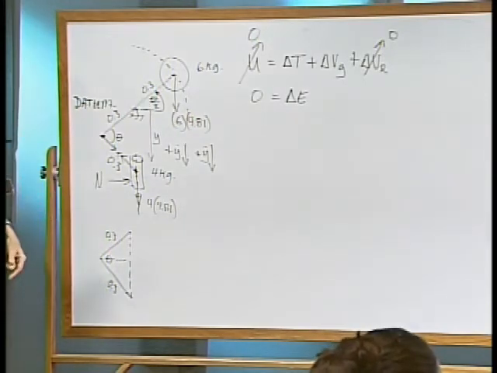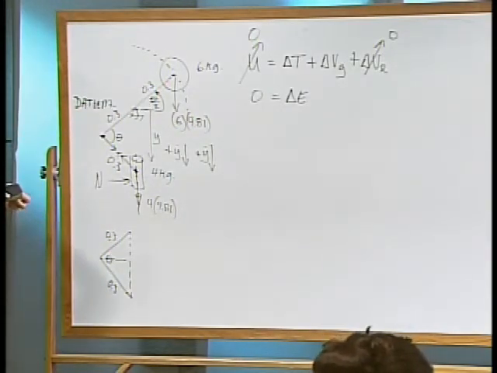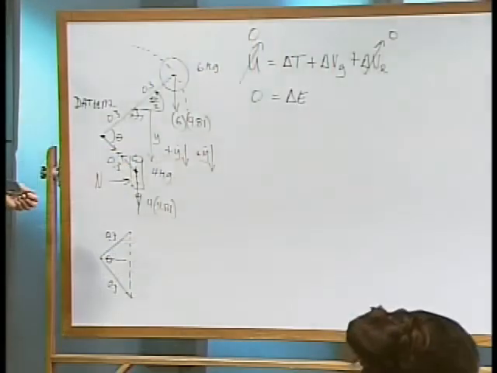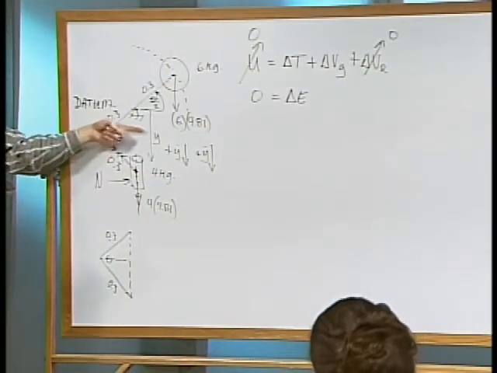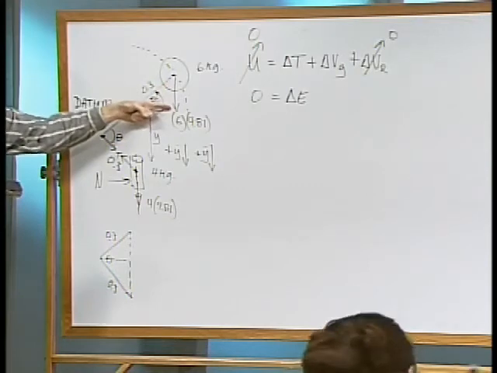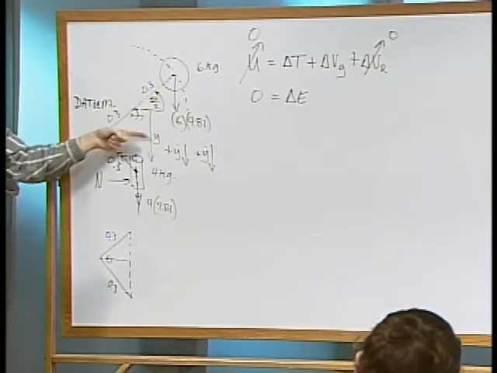Could we simplify things by calling the distance the sphere is above the datum just 1/2 y? Well, we might. You see what Daniel's observation was? Could we just call the vertical position of this half of y?